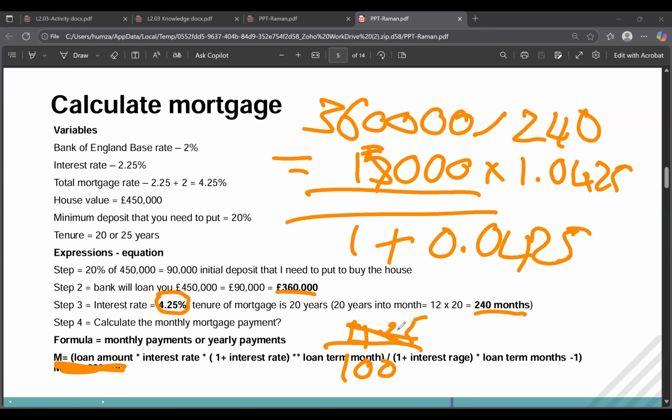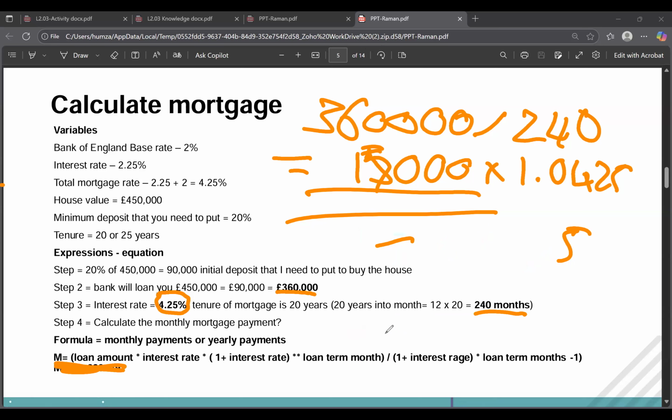So to increase, when we did percentage increase, we did one add 0.0425, which equals 1.0425. So then we multiply that to increase the percentage of the monthly payment. And if we do that in our calculator, we get £1,563.75 pence. Is that clearer?